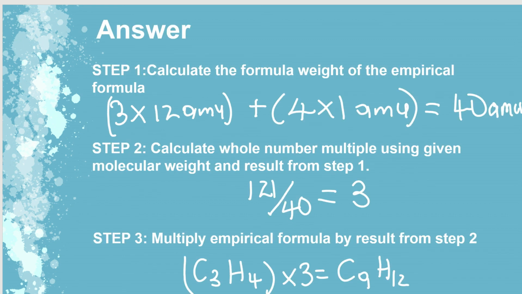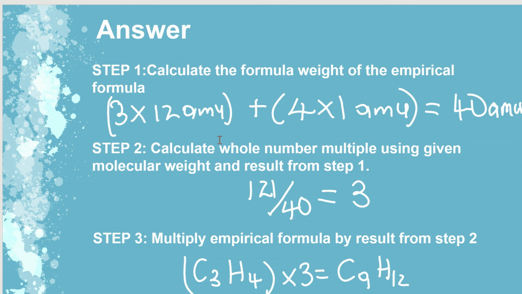All right, so we have 3 steps. Step 1 is to calculate the formula weight of the empirical formula, C3H4. So 3 times 12 plus 4 times 1 gives us 40 atomic mass units.